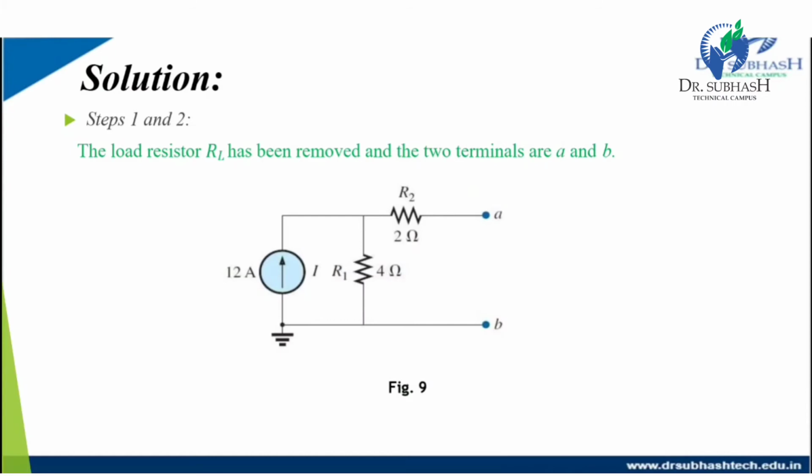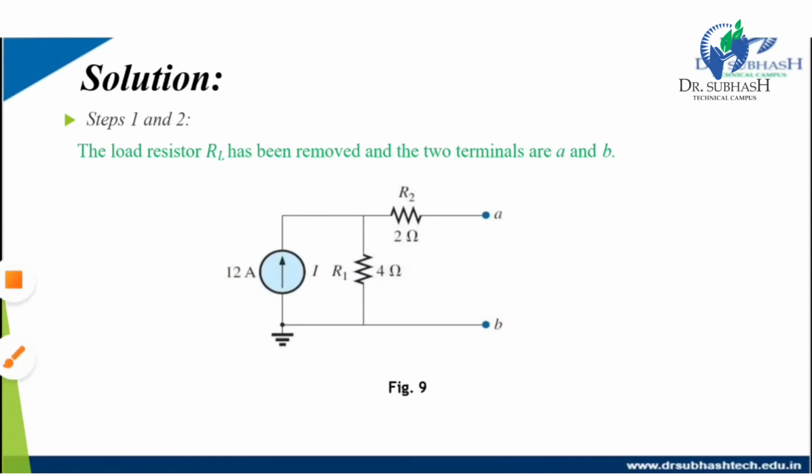Now, recalling step 3, we have to find RTH and ETH. For finding RTH we have one procedure: we have to remove the energy source. For a voltage source we short circuit, and for a current source we open circuit.